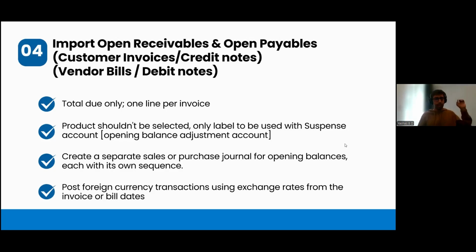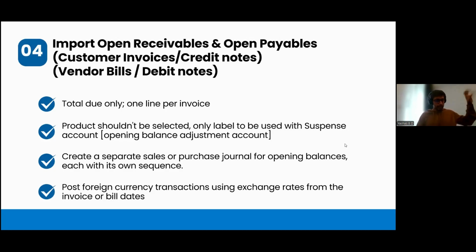So each and every invoice of the previous system is going to be uploaded as an invoice into the new system, but with only one line without any product. Because if I add the product, ideally it's going to take my sales account, and also my tax account into the new system as part of opening balance, which ideally is not the case.